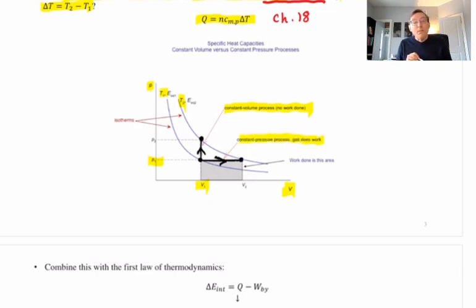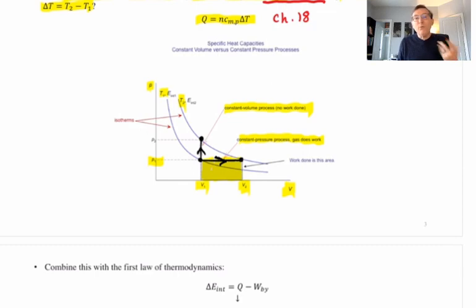To get from the T1 to the T2 isotherm, the gas expands to a new volume, V2, and it does work. The work is represented on the PV diagram by that shaded area, which is just a rectangle of a certain height and a certain width.